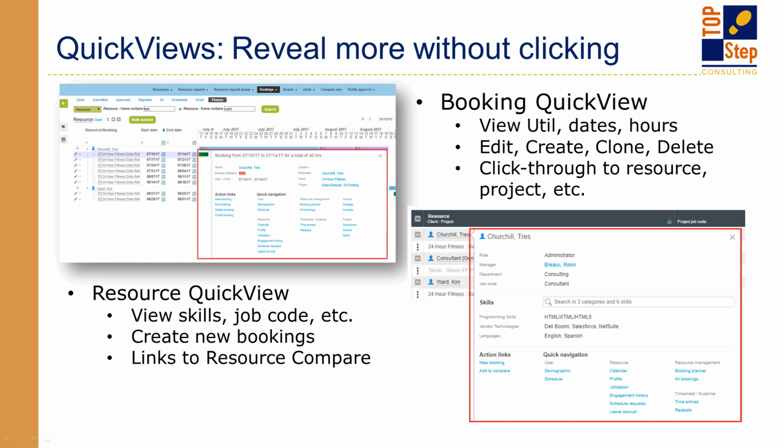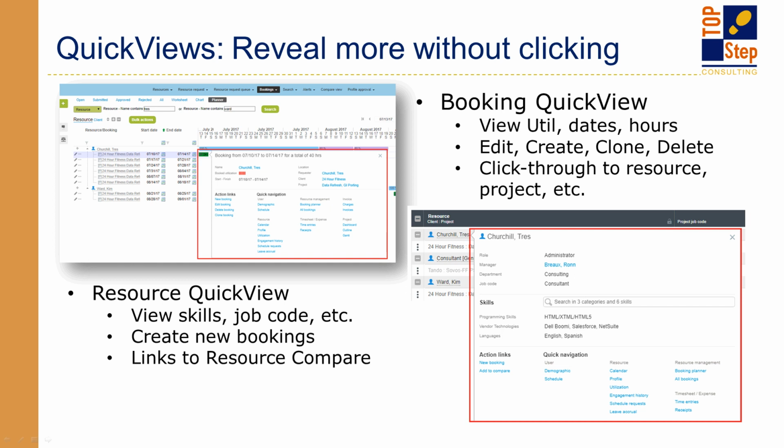Let's get some quick information about this particular booking itself. Maybe I want to see the skills that are associated with a particular resource to make sure I'm selecting the right person for the bookings I'm creating. Whatever it is that you want to do, quick views can help you see that information quickly.